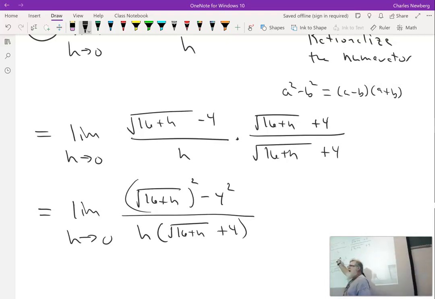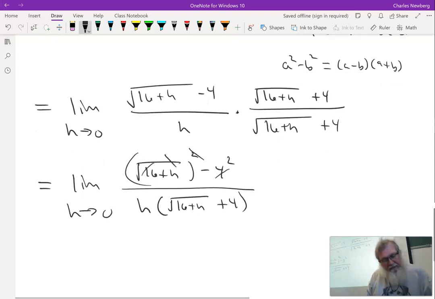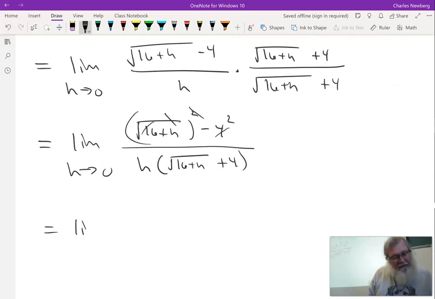Square and square root cancel, right? So then what do I really have here? I have 16 plus h minus 16. What's going to happen on the 16s? They're going to cancel as well. So in the numerator, what do I have left? I have simply an h.